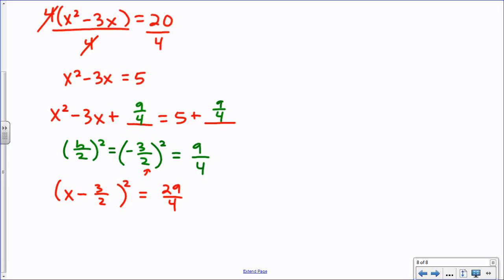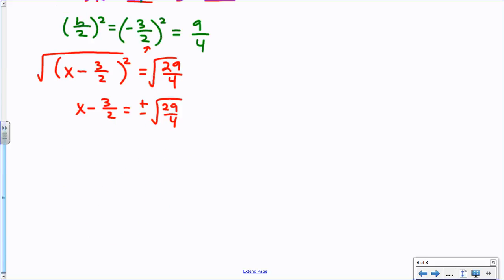Remember, if you're using a scientific calculator, if you get a mixed number, hit second ABC. That'll change it back to an improper fraction for you. Okay, take the square root of both sides. So it's plus or minus the square root of 29/4. I'm going to talk about cleaning our answer up here in just a minute. Let's go ahead and add your 3 halves.